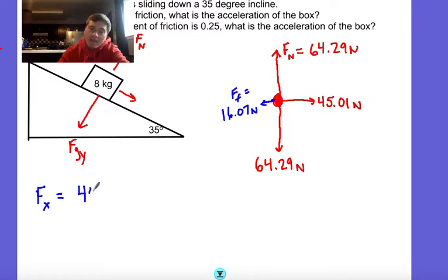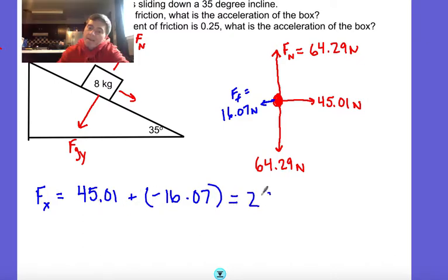So if we have 45.01 to the right, and then we have 16.07 to the left, those are opposite directions, so they have to be opposite signs. This is going to be a negative 16.07 newtons. So 45.01 minus 16.07 is 28.94 newtons to the right.